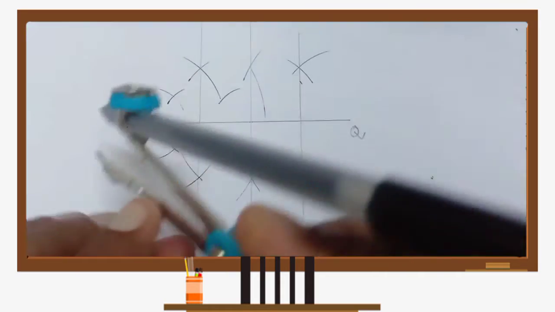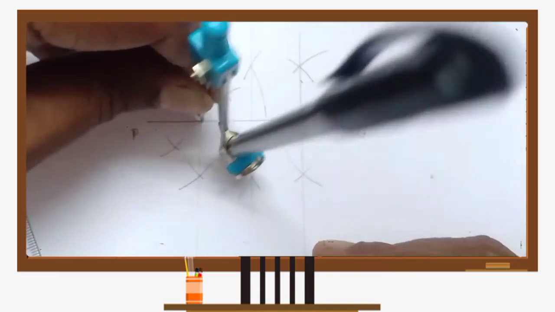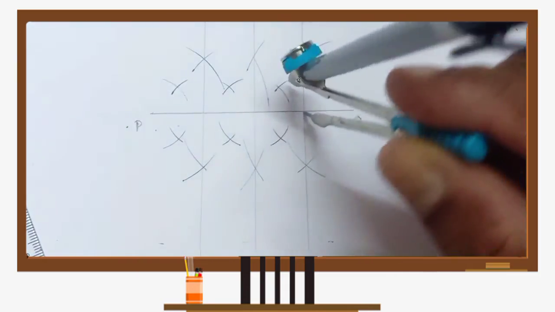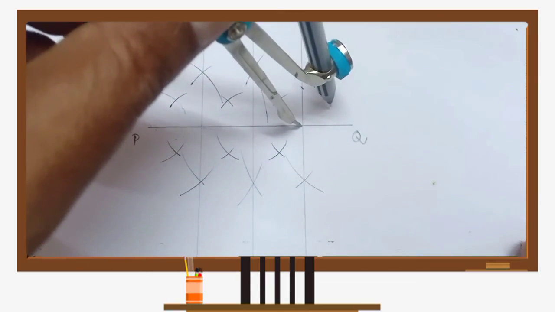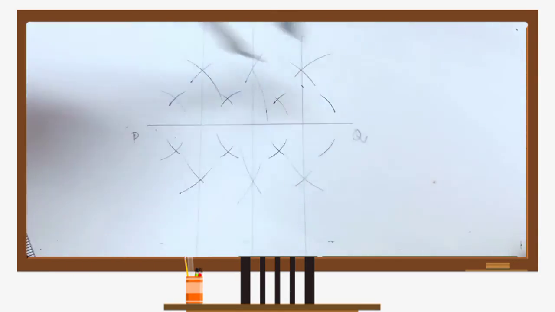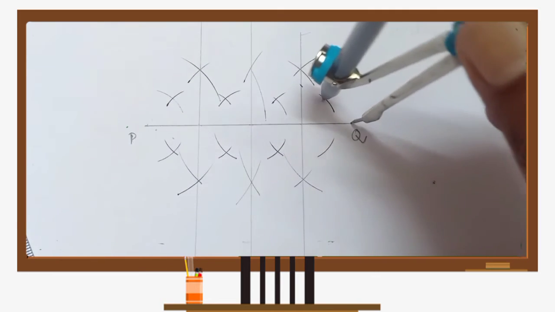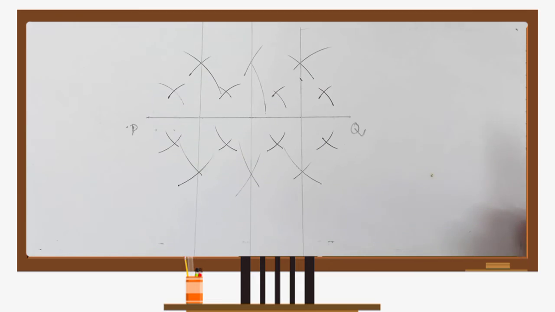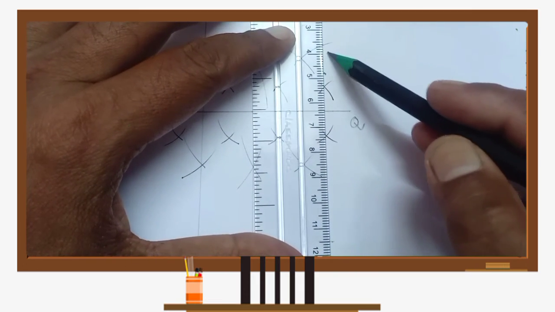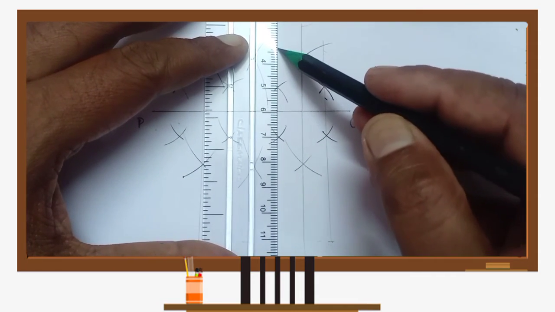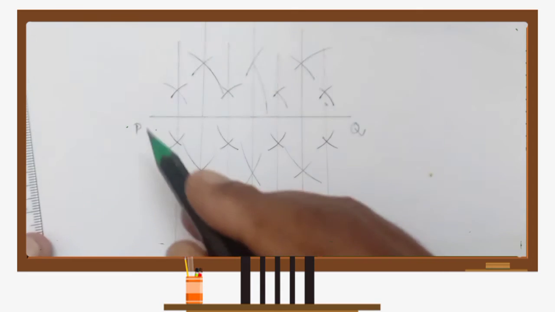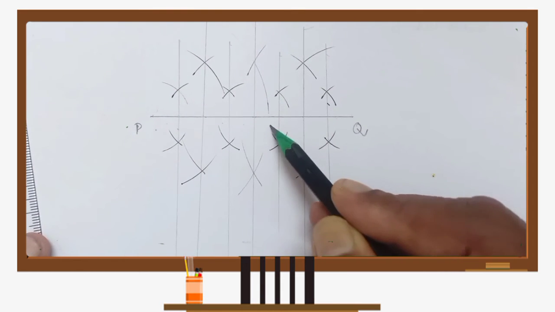This one. Again, so you join it. So it is divided into 8 equal parts. 1 2 3 4 5 6 7 8.